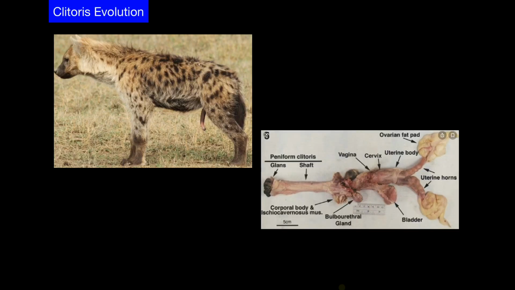And when we look at this structure as it's all dissected out, you can see all of the components within the female reproductive system have actually merged so that it can form a continuous pathway from the uterus to the vagina all the way through the clitoris.